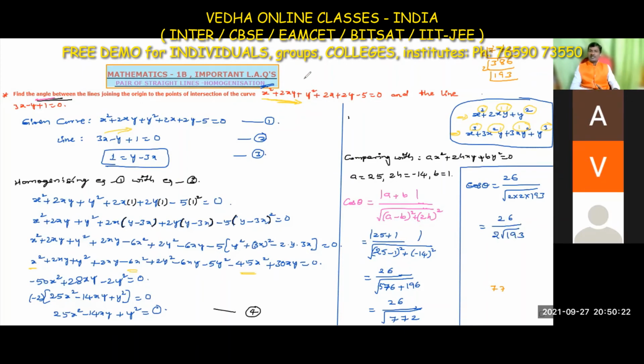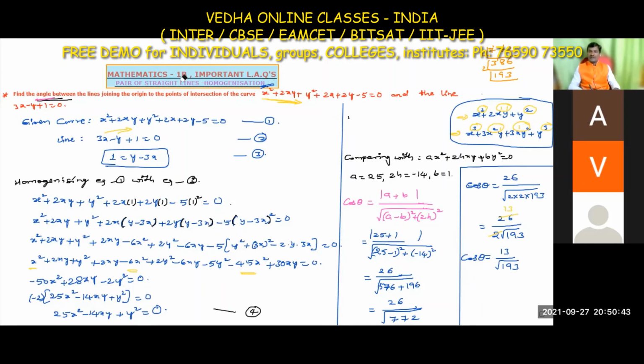Now cancel by the 2 table. 2 13s are 26. So now this is equal to 13 divided by under root of 193. This is the value of cos theta.